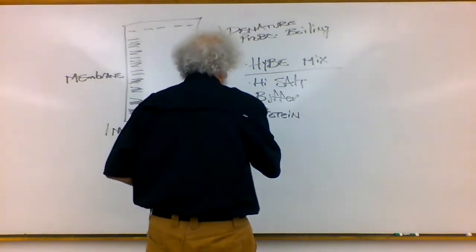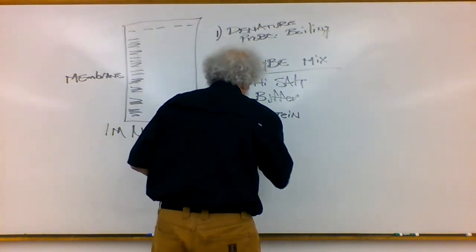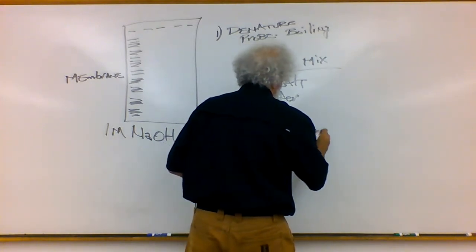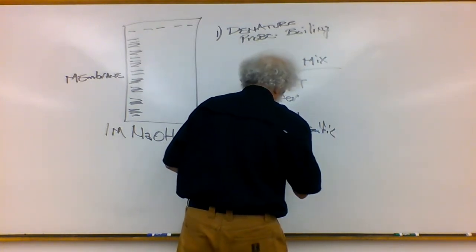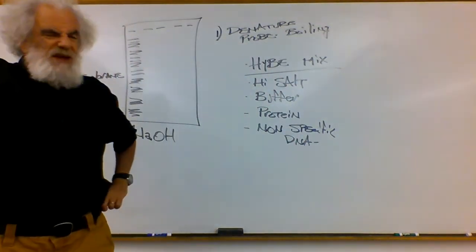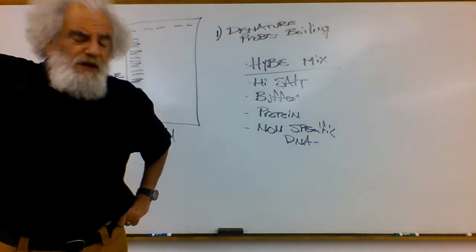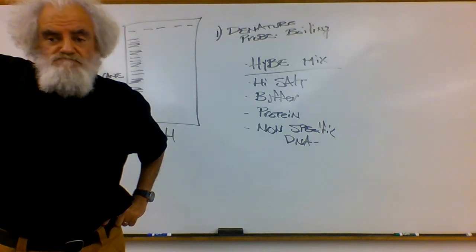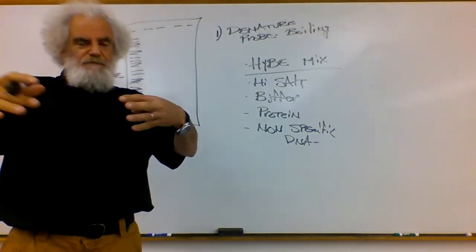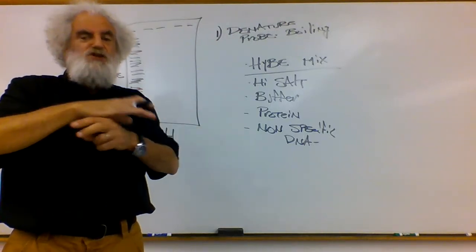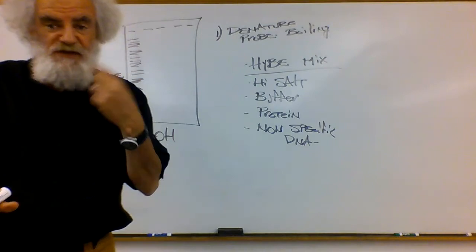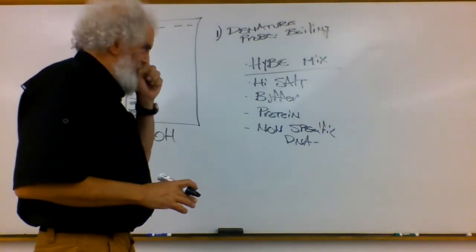So you then often will have some kind of non-specific DNA, non-labeled, like salmon DNA. Salmon sperm DNA was used a lot, I don't know why. And this is mostly just to kind of coat the membrane in non-labeled DNA to block non-specific sticking, non-specific binding of your probe.